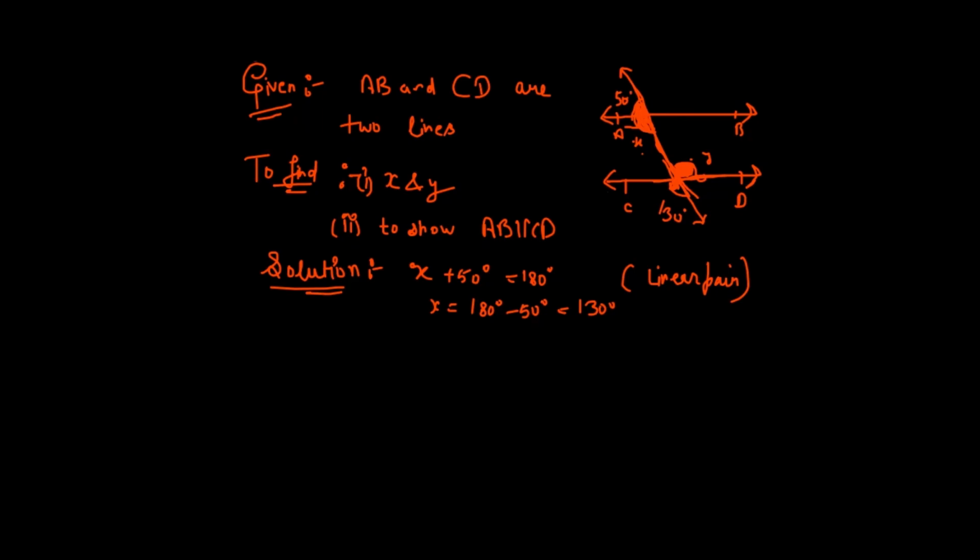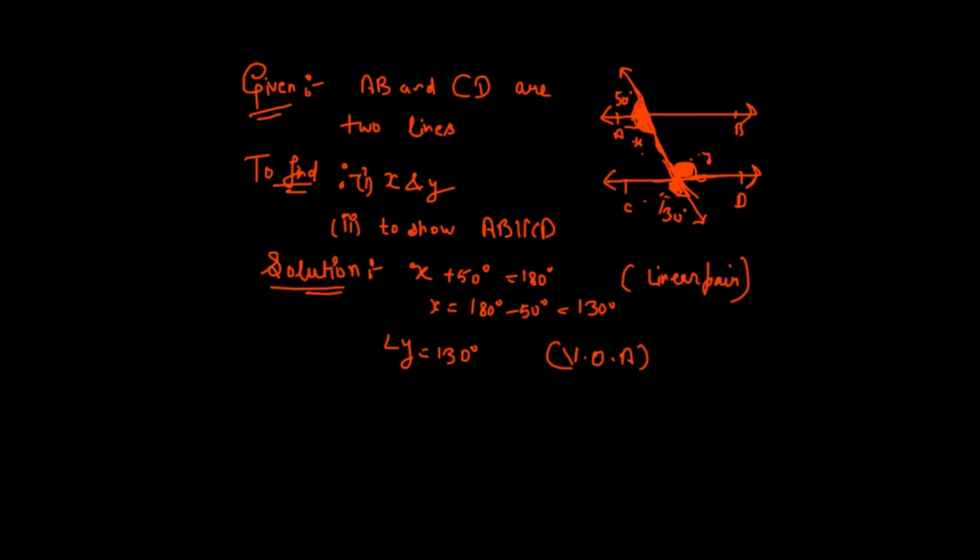In the previous lecture we discussed that if two lines are crossing each other, then these two angles are equal to each other. So angle y equals 130 degree. You always have to mention the reason: vertically opposite angles. Now the first part is complete, to find x and y.